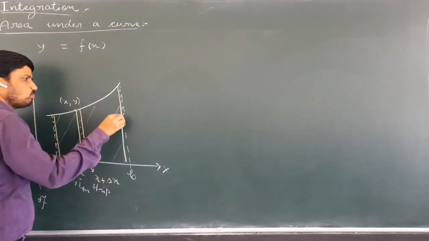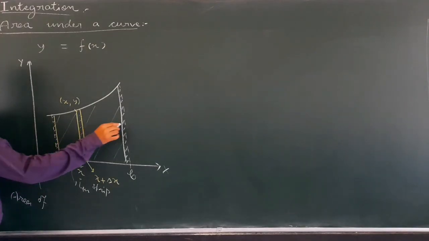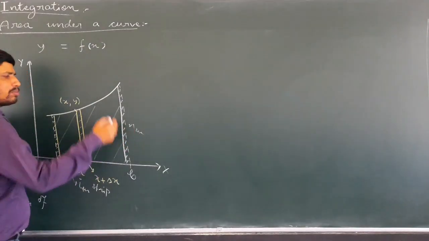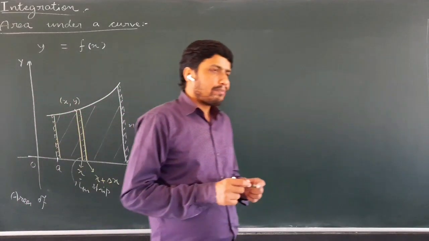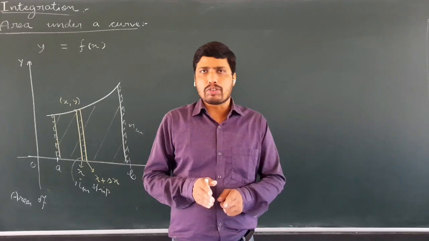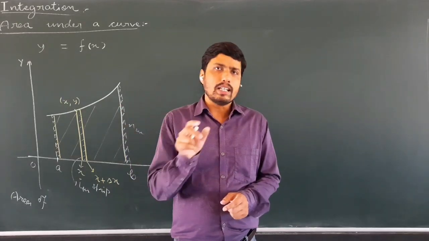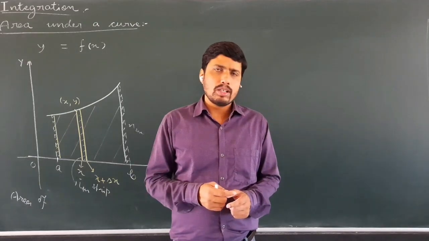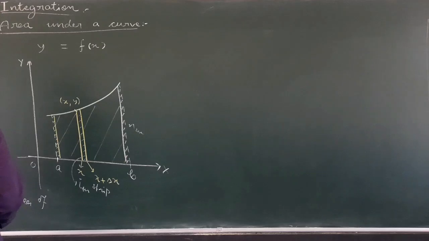This one. This we will call as nth strip. Suppose n number of strips we are drawing. Now what we would do, we would find the area of each strip one by one, and then we will add the areas of the different strips to find approximately the area under this curve.